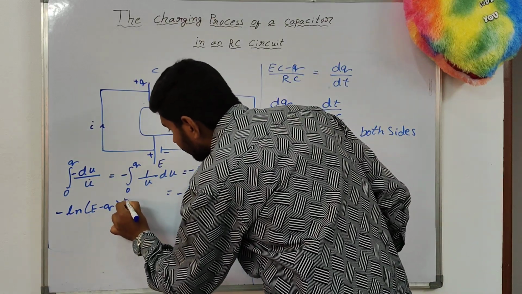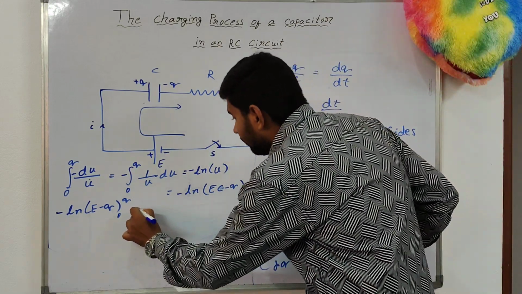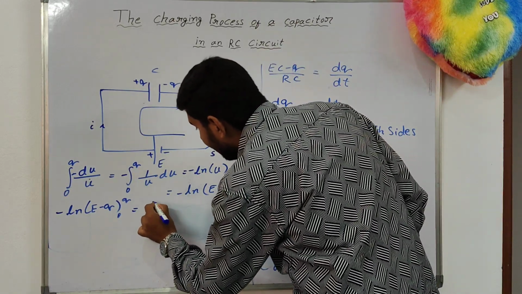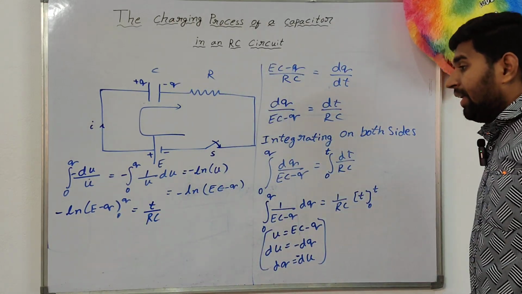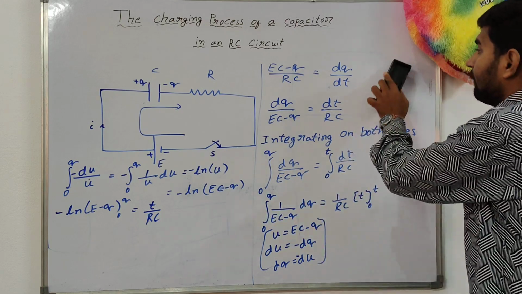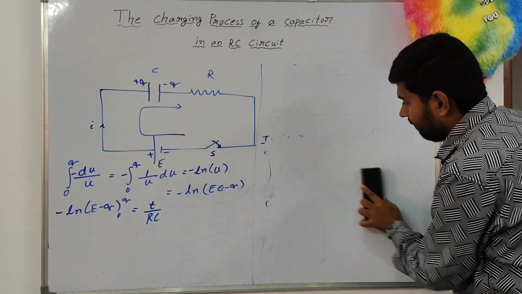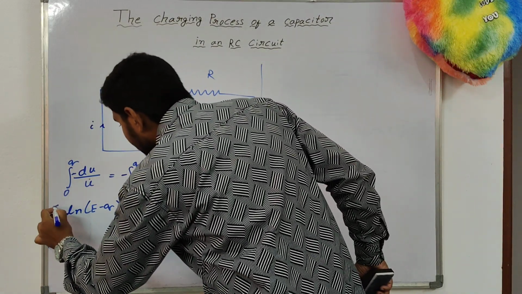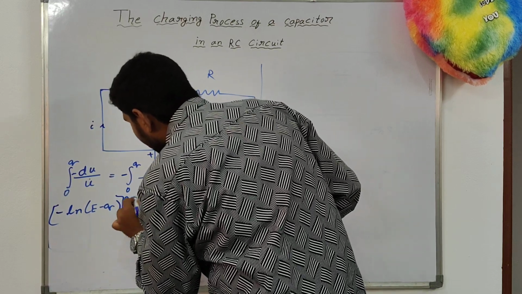The limits are 0 to q, and for time, integral 0 to t, it will become t by RC. Till now, is that clear to you? Now, it will be total having the limits 0 to q.